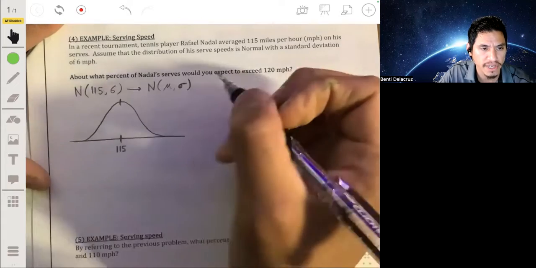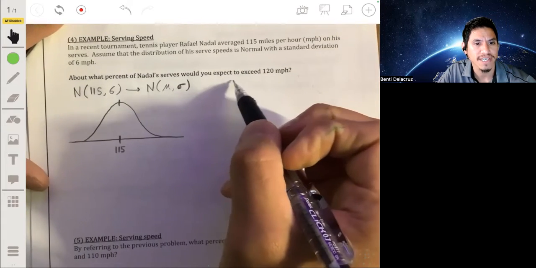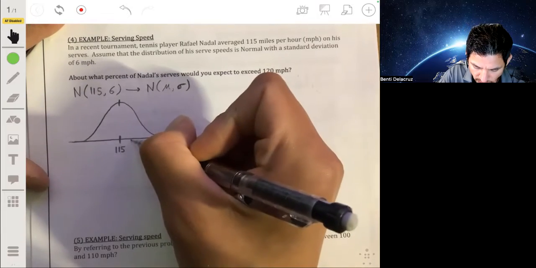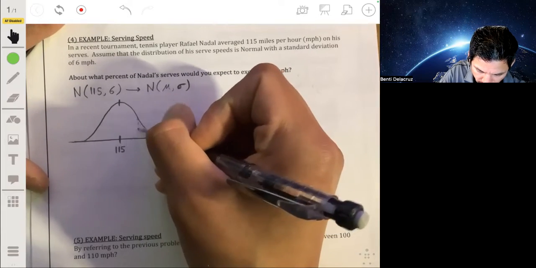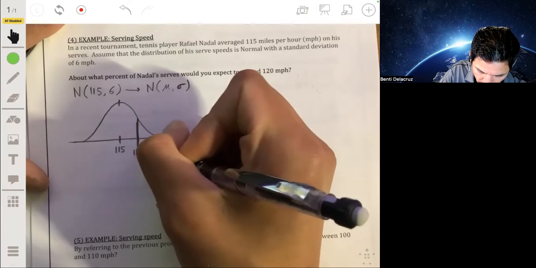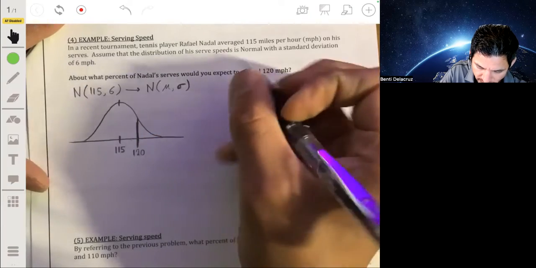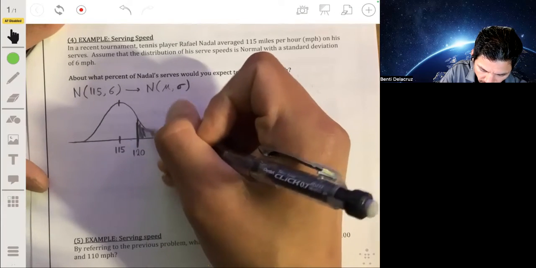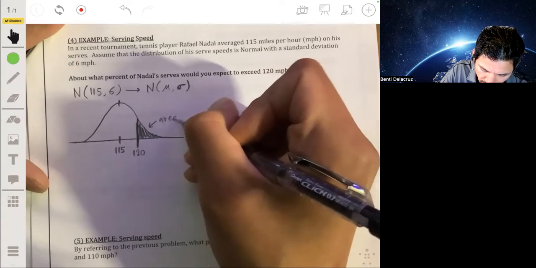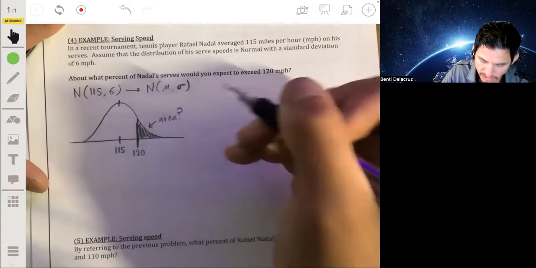That's going to be 115. And we're trying to find what percent exceed 120 miles per hour. So 120 is greater than 115, so we'll just say it's something like over here. And since we say exceed, we're trying to figure out this area. Like what is this area in this distribution?